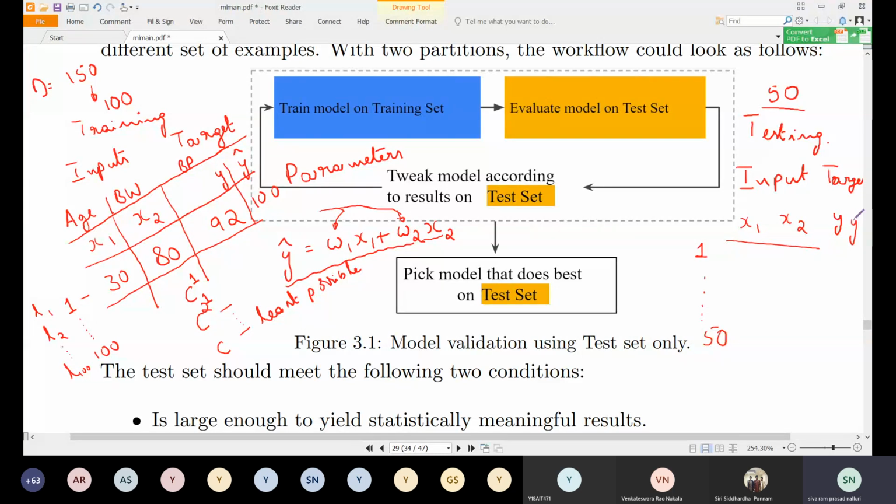And whatever error you calculate, that is known as test error.